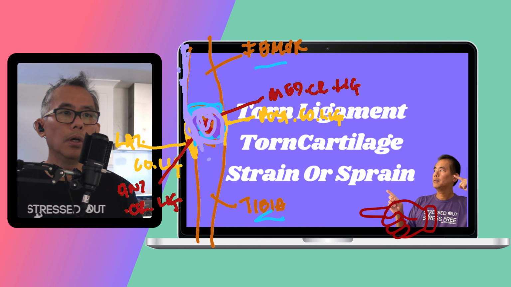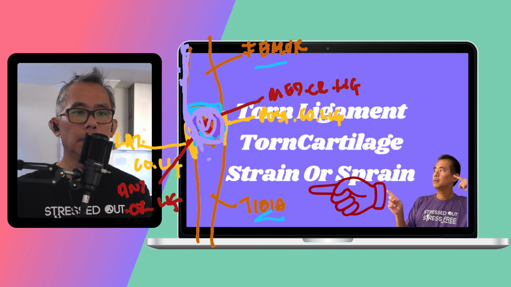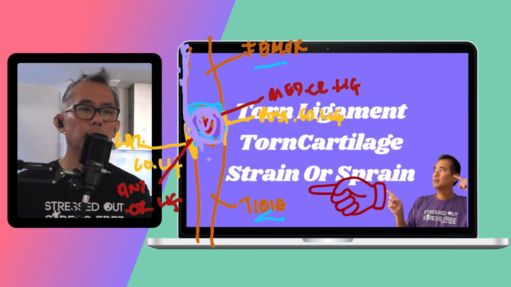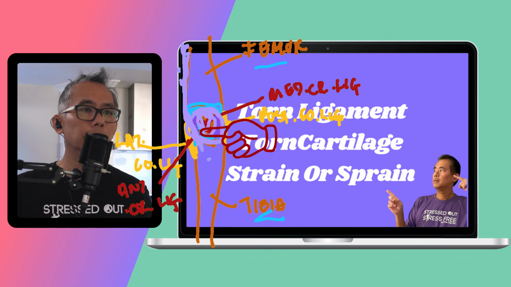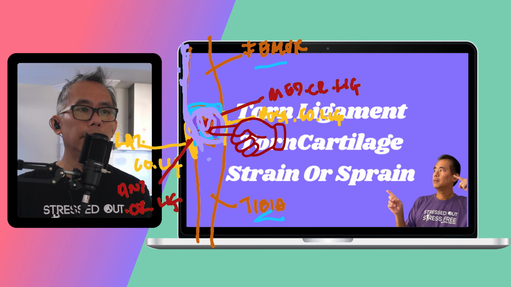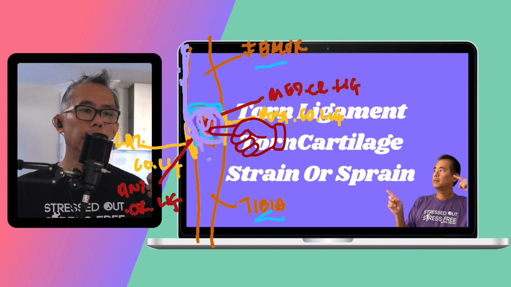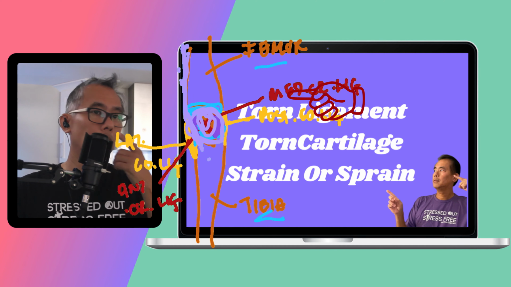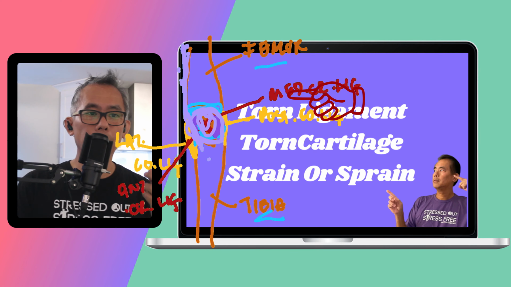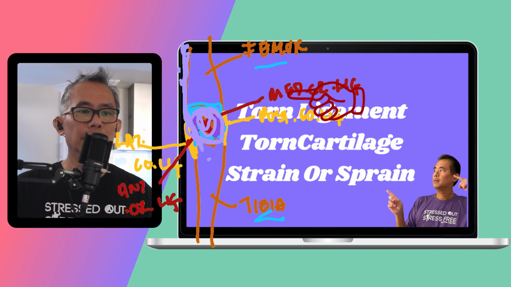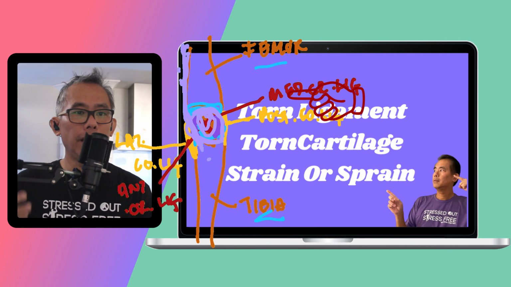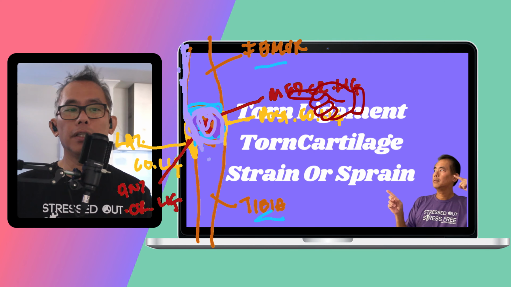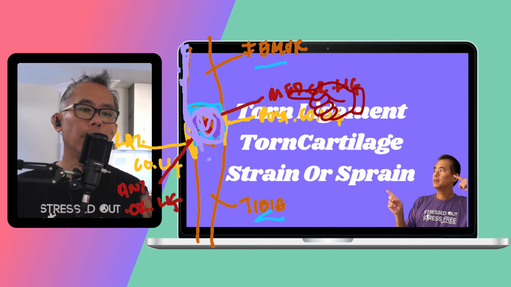Remember the cross we had? So that's the anterior cruciate ligament. That's injury in that area, and then it may cause bleeding into the knees and swelling too.